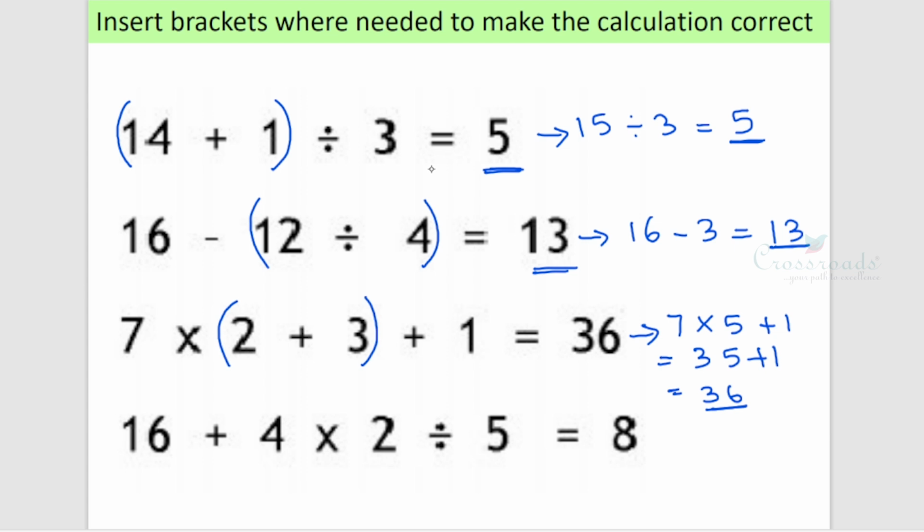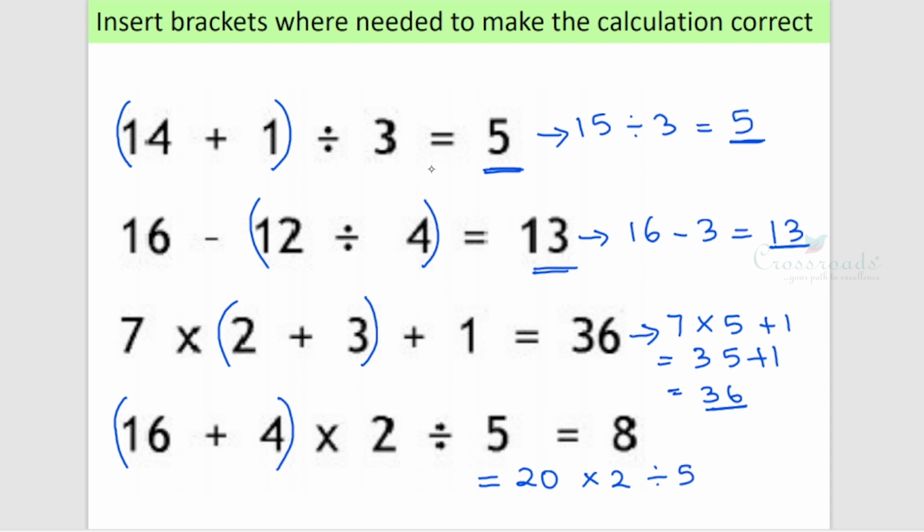Going further down, it says 16 plus 4 into 2 divided by 5. So in this case, we insert the bracket over here. So 16 plus 4 is nothing but 20, into 2 divided by 5.